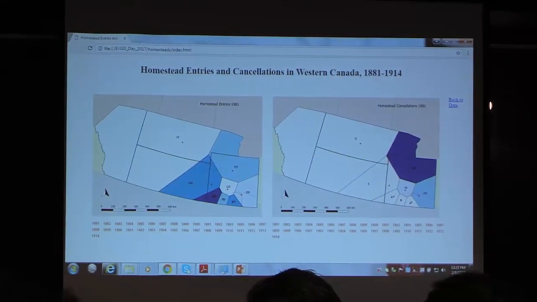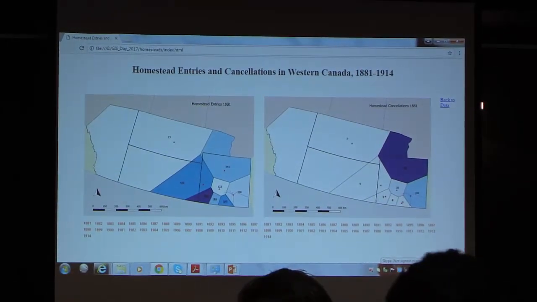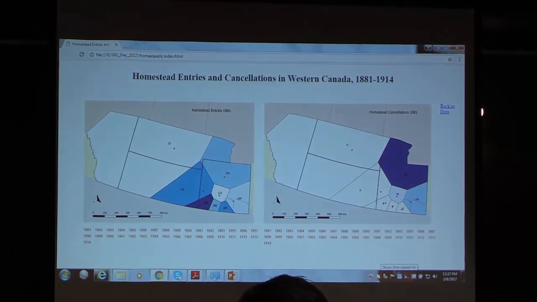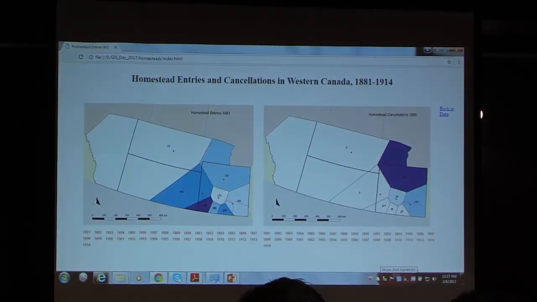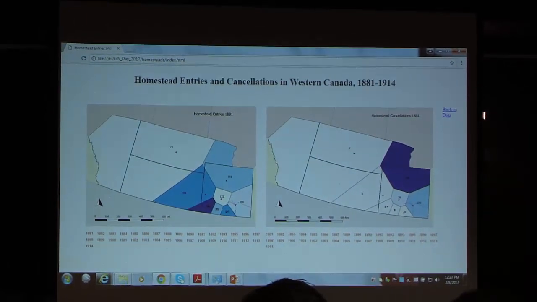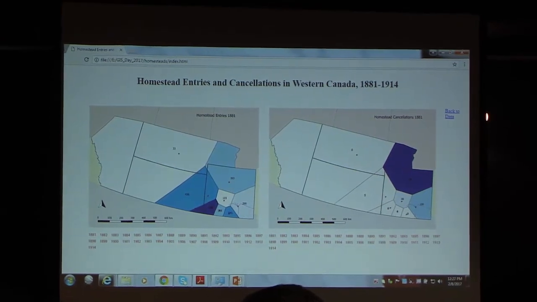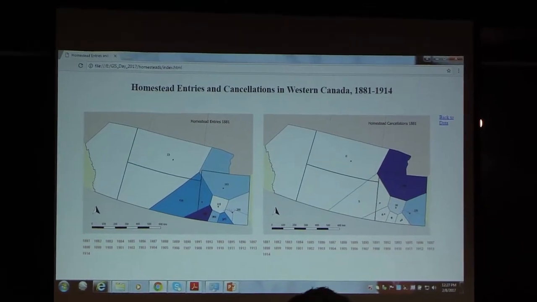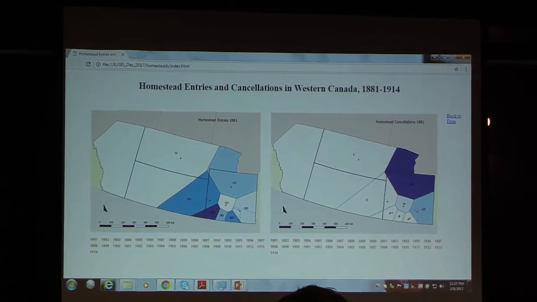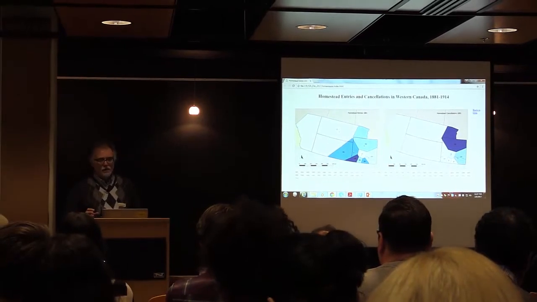Okay, here it is. On this side, the map shows the number of entries and the area of the land offices year by year. And the other map on the right is the number of cancellations. So what I can do here is just play a little and try to understand if successful settlement appears after 1 year, 2 years, and 3 years, according to the number of cancellations.